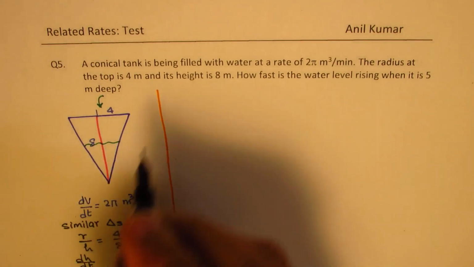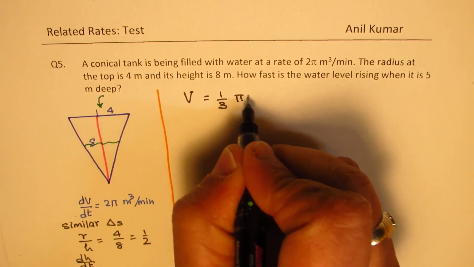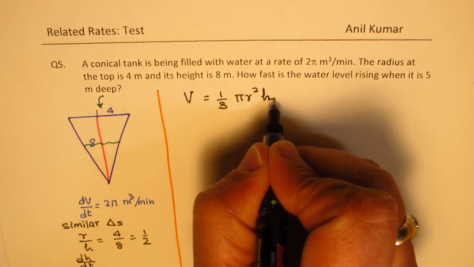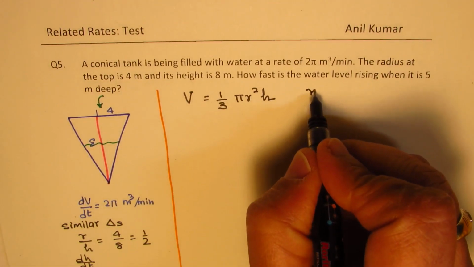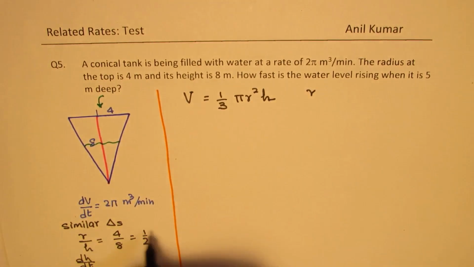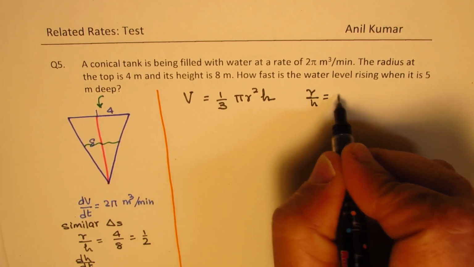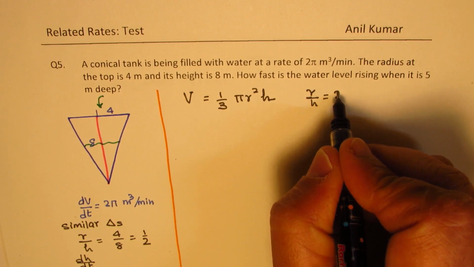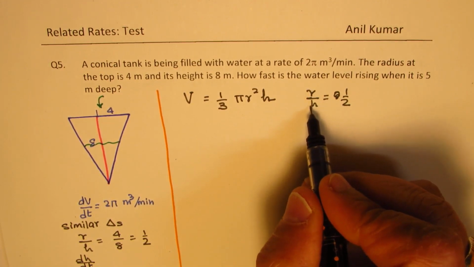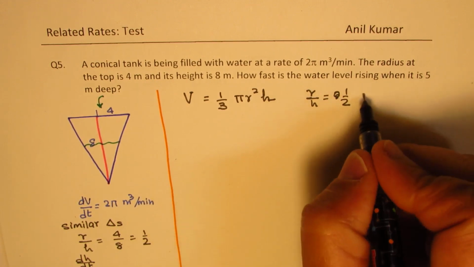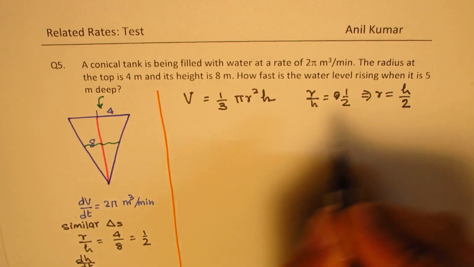The volume of a cone is 1/3 π r² h. From here we know that r over h is 1 over 2, so it's half. So r equals half of the height.